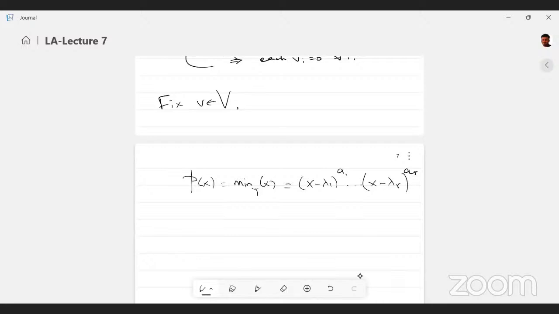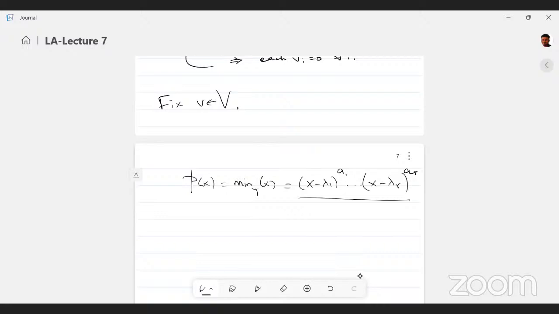Okay, how can I write it? To do this, the trick is, from this one polynomial, I want to produce r relatively prime polynomials. Of course, not something random, but something which actually does the job. So first of all, can you give me r relatively prime polynomials?